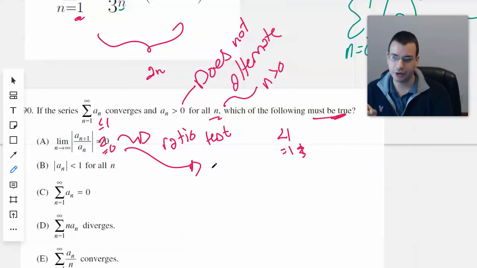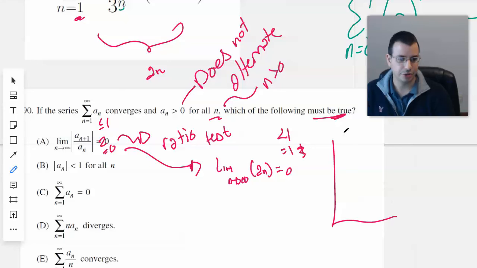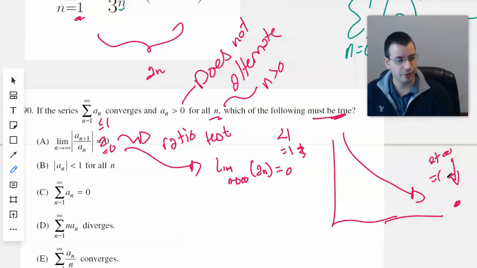And then one of the things they might be trying to confuse you with is the limit as n approaches infinity of a to the n equals 0. So you're going to have to get some sort of function that goes towards 0. And this last term, way over here at infinity, equals 0.